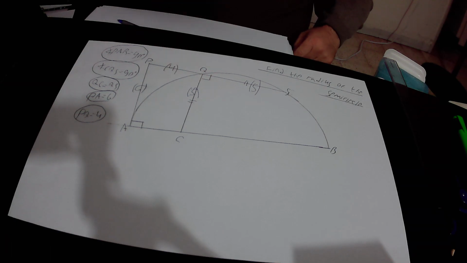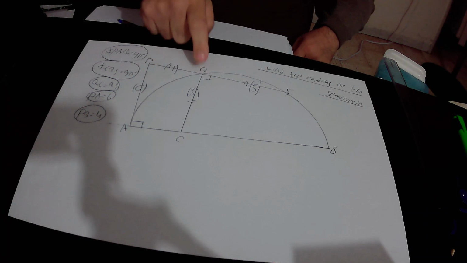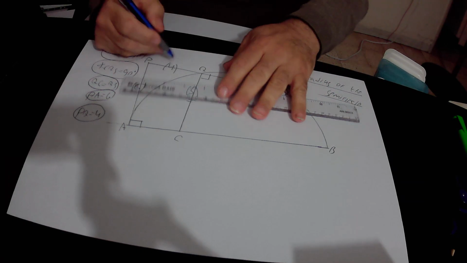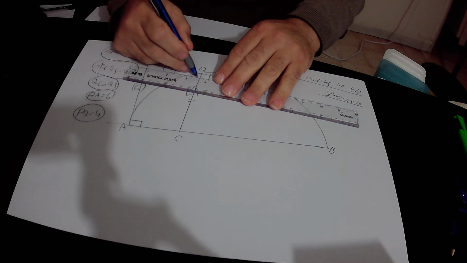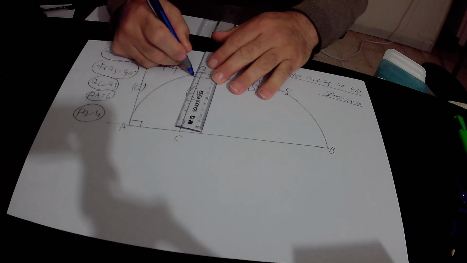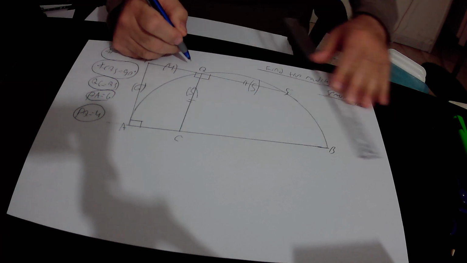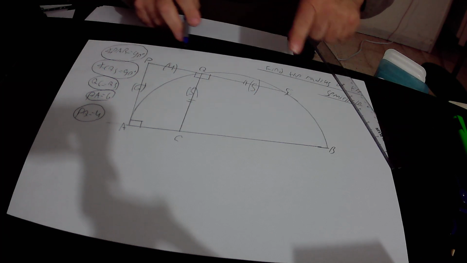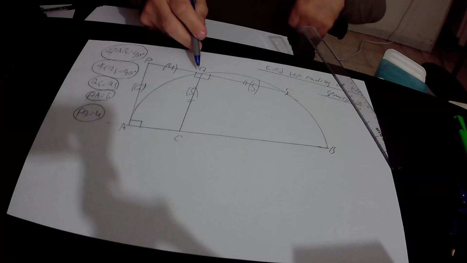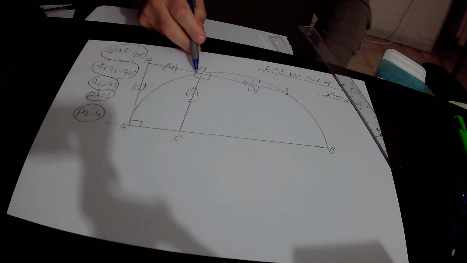In total, the sum of those two angles must equal 180 degrees. Therefore, the missing angle here must equal 90 degrees.